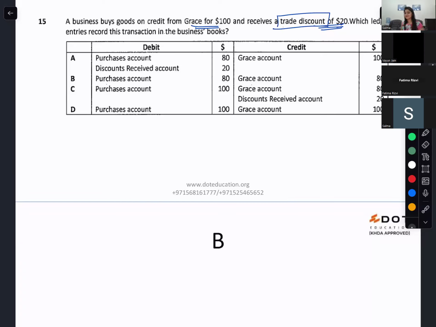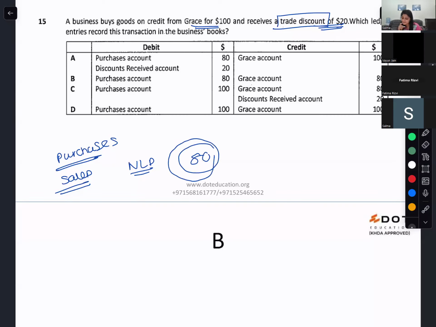Oh, trade discount, so 80. Purchases and sales entries are passed at what amount? At net list price. What is the net list price? It's 80.